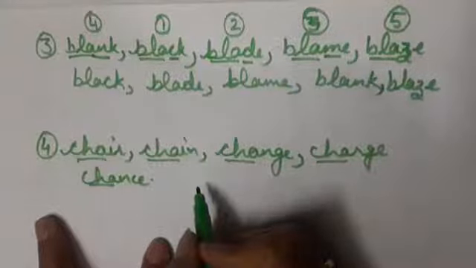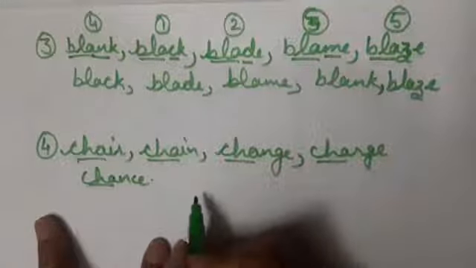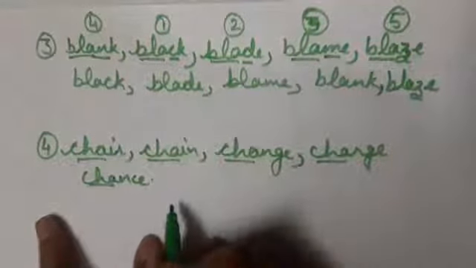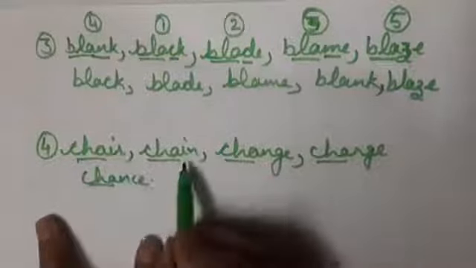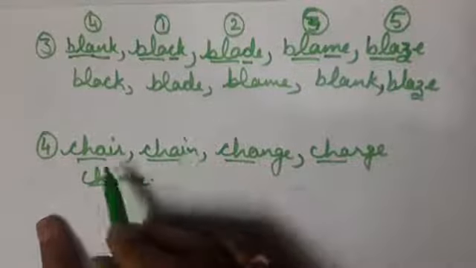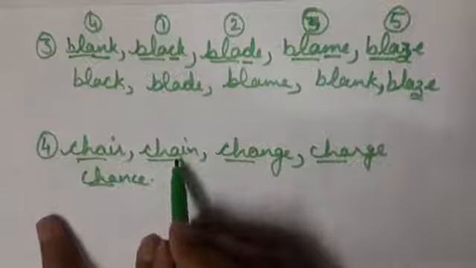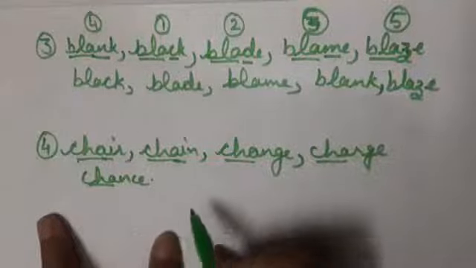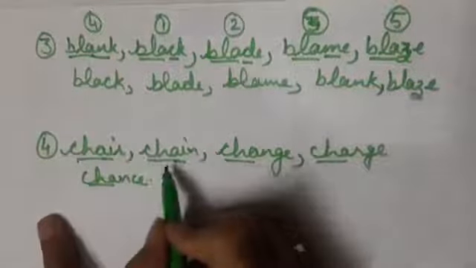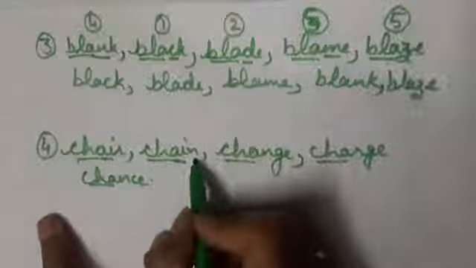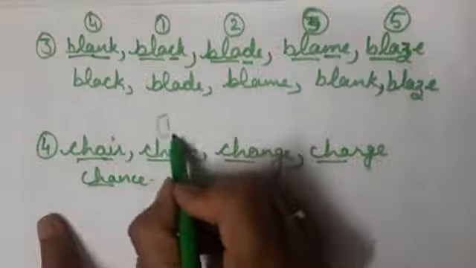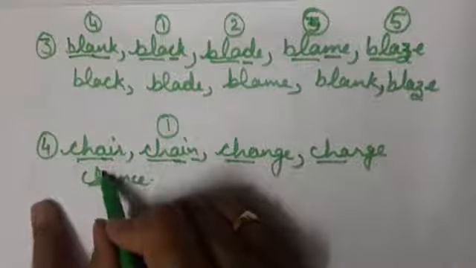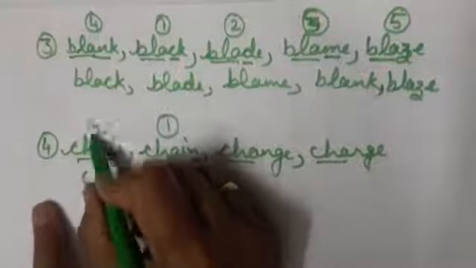We can see that I is there in these two, so the fourth letter is also the same. Okay, so we have to choose which one will come first. So N will come first, so this will be the first one, and this will be the second one.